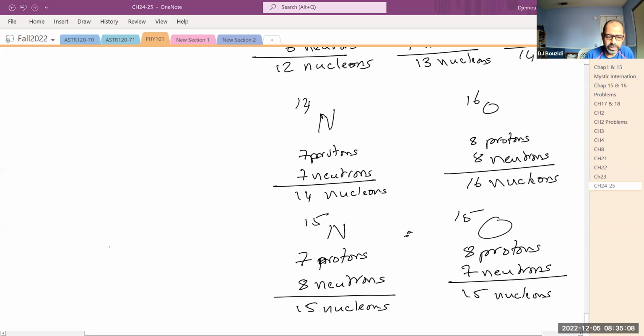Nucleons, protons and neutrons, have roughly the same mass of 1.67 times 10 to the negative 27 kilogram, making them, in this case, that number times 15, and in this case, that number times 15. In terms of mass, they are similar, but in terms of chemistry, they are completely different. So in this case, I have different orbital configuration for this nitrogen than this oxygen.